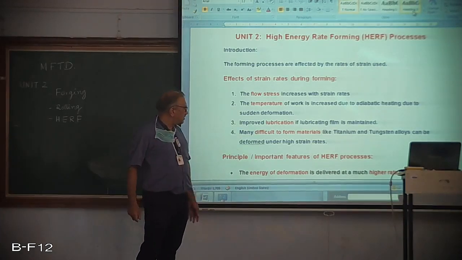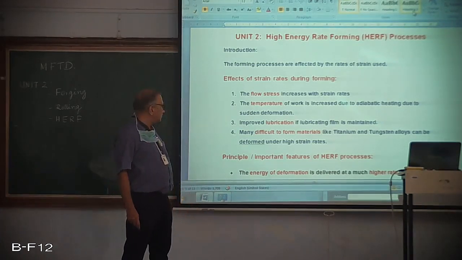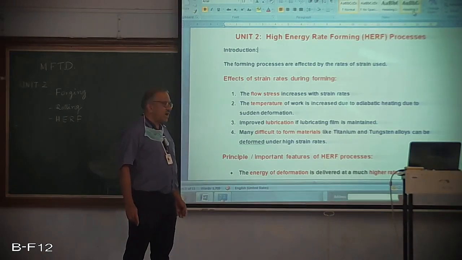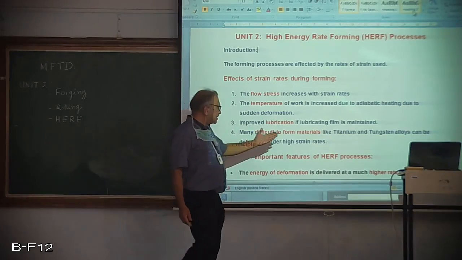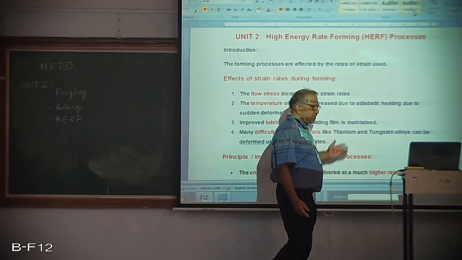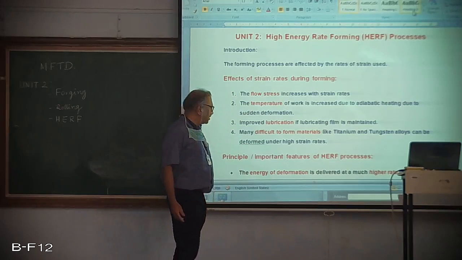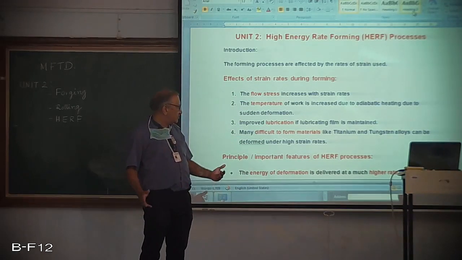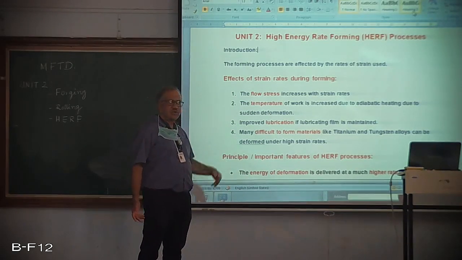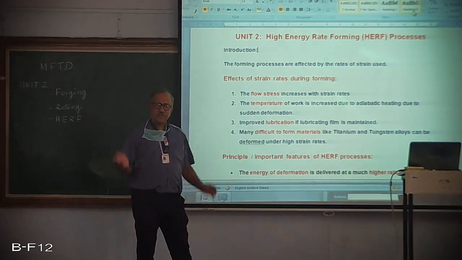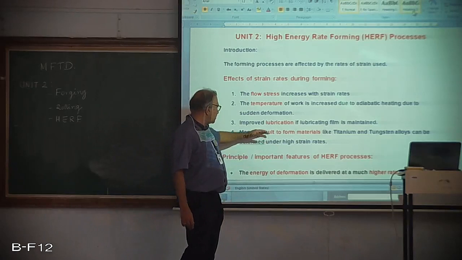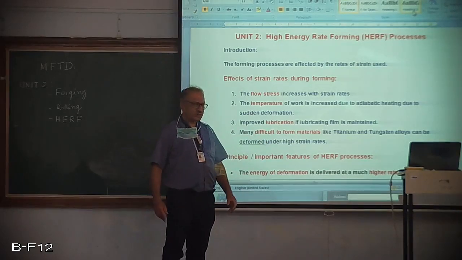At the same time, improved lubrication. And a strange observation is that many materials like tungsten and titanium, which are difficult to deform under usual or normal rates of strain, can be deformed under high rates of strain.